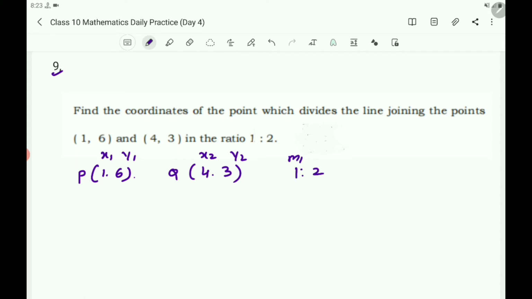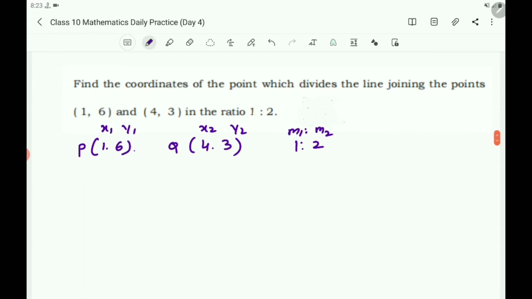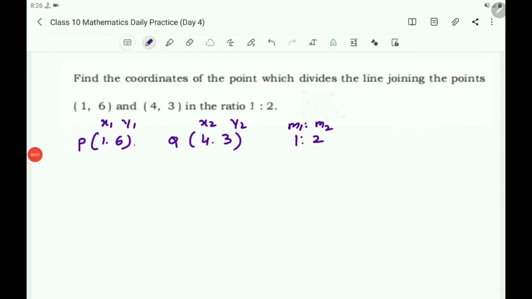So it is m1 is to m2. Now let us take R is a point which divides the line PQ in the ratio 1:2. Then you take here R of (x, y) equals question mark.